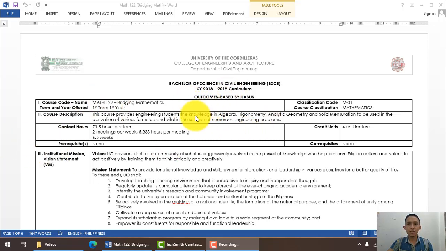That is the description of our subject. So all in all, we have here your contact hours, which is 71.5 hours per term. This is what we will be satisfying. We will make use of the 71.5 hours to finish all of this, shrinking all of this within these 71.5 hours.